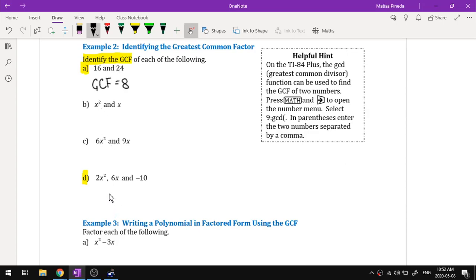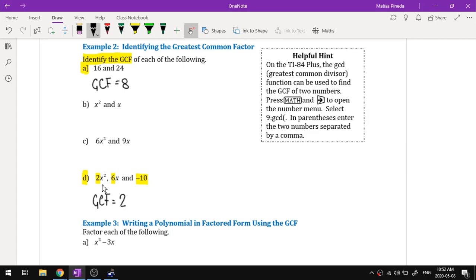Move on to D here. Here we want to find the greatest common factor of these three expressions. We start by looking at the numerical coefficients. So we have a 2 here, we have a 6, and we have a negative 10. We can factor out the greatest common factor, which would be 2.